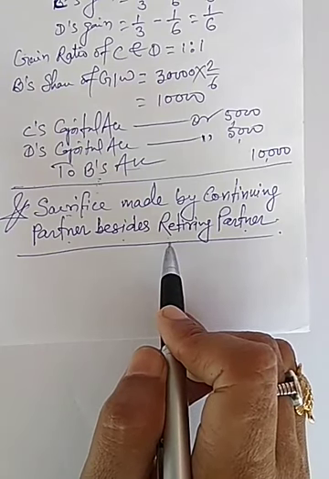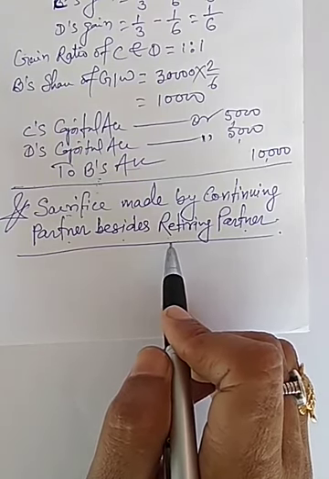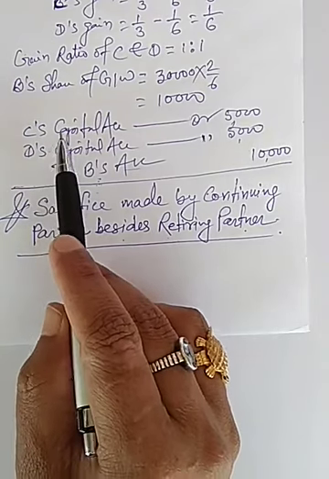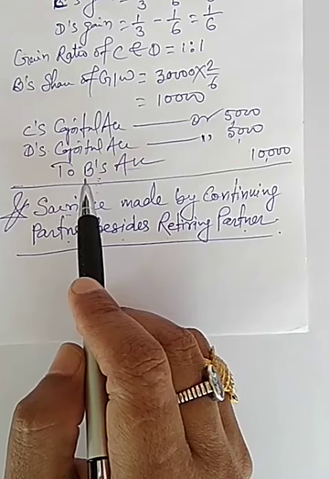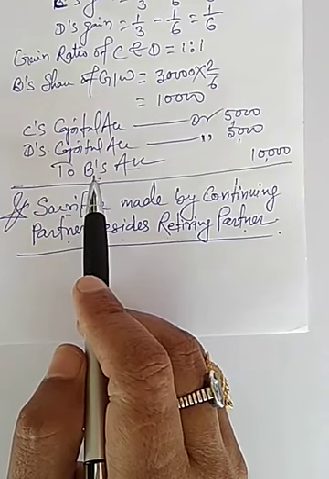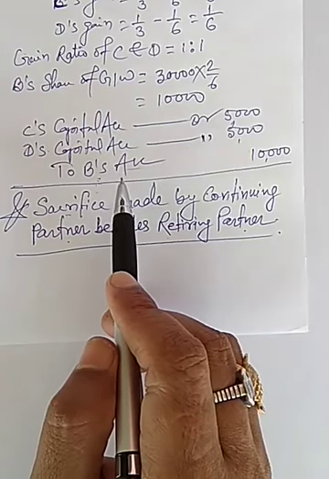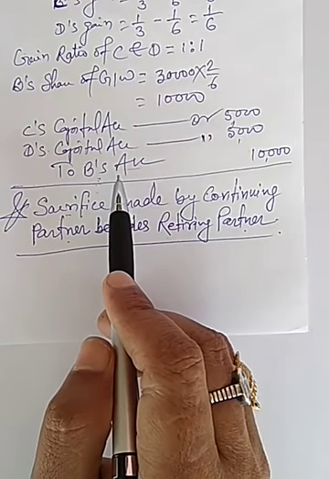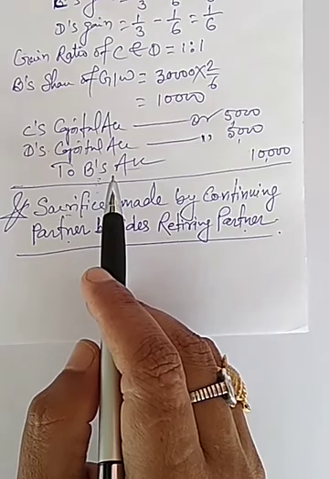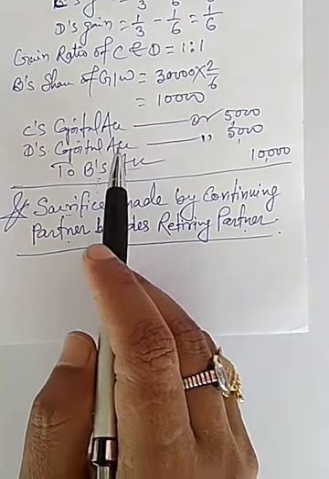Thus, the gaining partner must compensate both the retiring partner and the other continuing partner, who is also sacrificing his profit share in favor of the gaining partner.